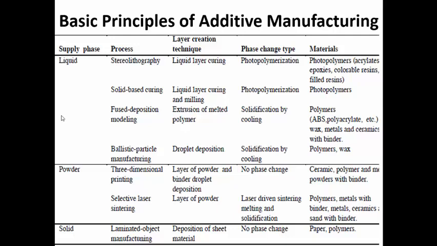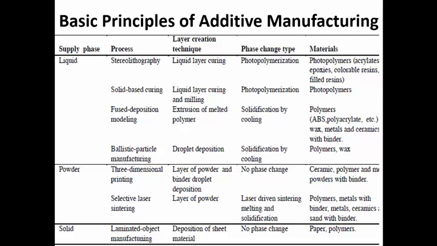Whenever we say liquid form, what is being considered is the phase of the material during the material addition. So when the material is being added over the layer, it will be in the powder form, or in the liquid form. At the end of the manufacturing process, whether the initial phase is liquid or powder, finally it has to turn into a solid phase.